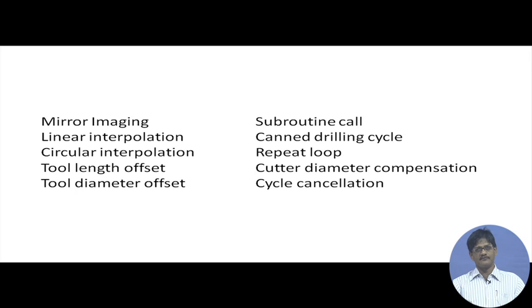In this way we can have canned drilling cycle, canned boring cycle, and so many other cycles of operations. Repeat loop is simply the do loop as used in ordinary programs. Cutter diameter compensation we have just now discussed, and we will have a quick look when we are actually doing the program. And cycle cancellation we have already discussed: G40, G49 and G80.